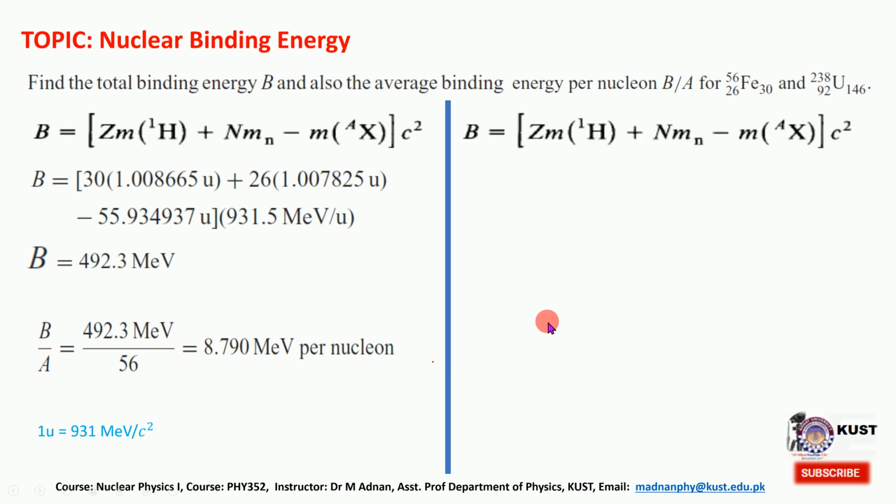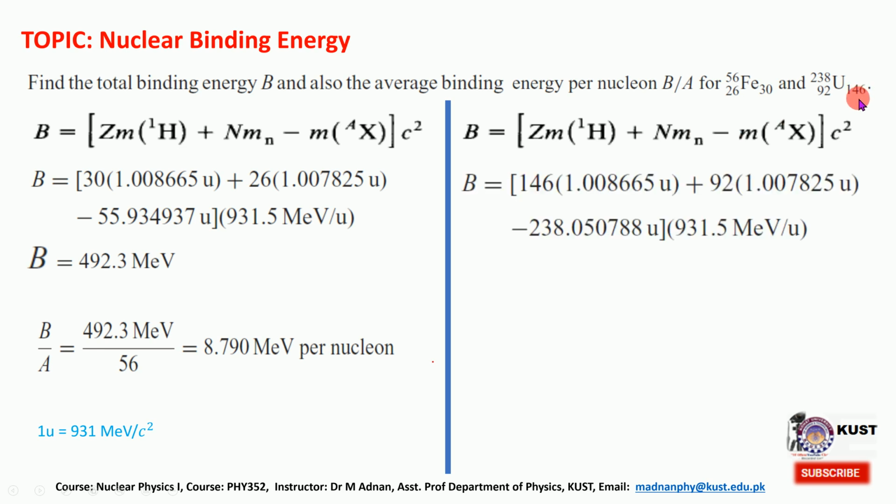Now similarly, one can solve the uranium system for the binding energy. We'll be using the same expression, but in this case the Z number is 146, the N number is 92, the mass of the neutron is here, the mass of this uranium 238 is in atomic mass unit, and then as I told you, using this conversion one can find out the binding energy in terms of mega electron volt.